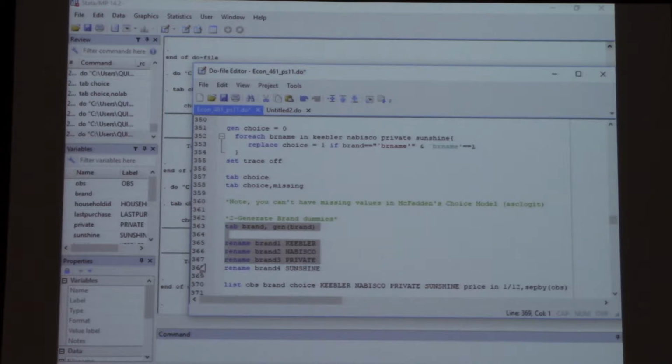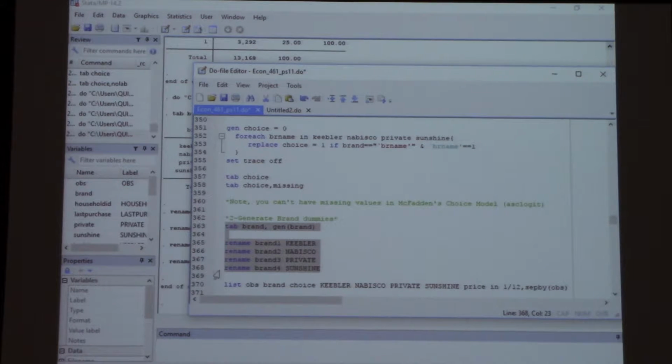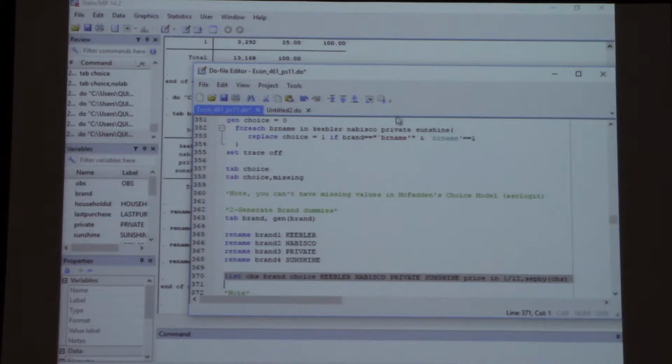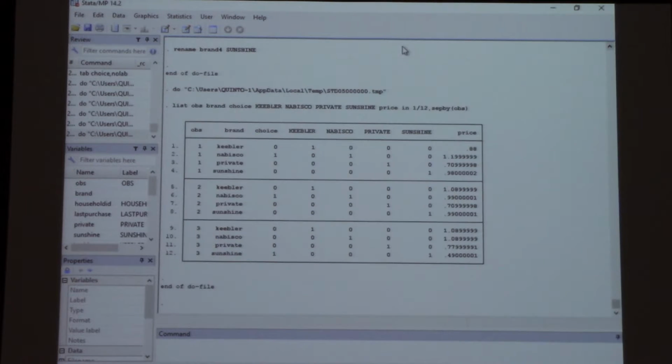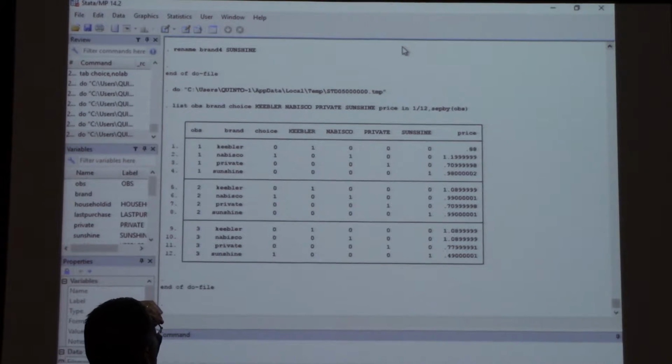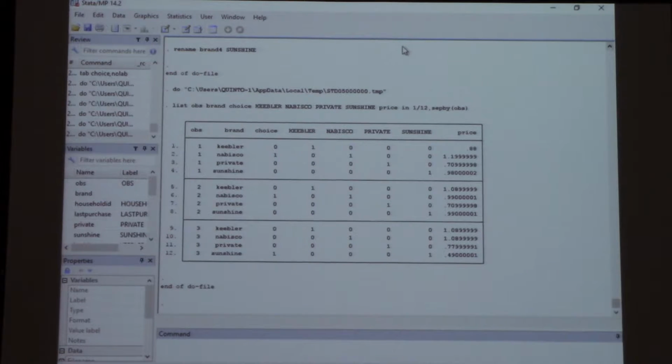Let's tab gen our brands again. I think we need these. So, those are the brands that were generated in the reshape. This column. These were generated in the reshape. Those brands were generated by us in our tab gen command.